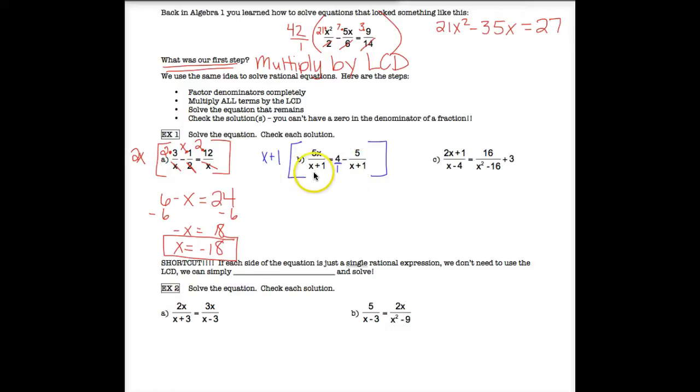I'm going to go ahead and multiply every term by that. So when I multiply my first term over here by x plus 1, this cancels with the x plus 1 here, and there's nothing left. So I don't need to multiply the 5x times anything, because I'm really multiplying times 1. Then my equal sign. Now my next term. Nothing cancels here because this was a denominator of 1, so I would need to multiply it times x plus 1.